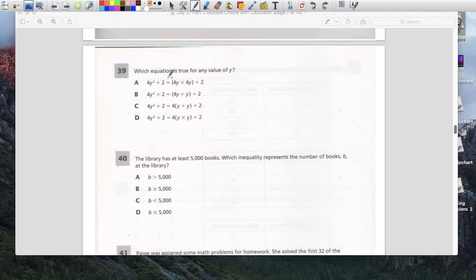Ignore what I said. They're asking here, is the left equal to the right? In A, B, C, or D. So which one is it true?